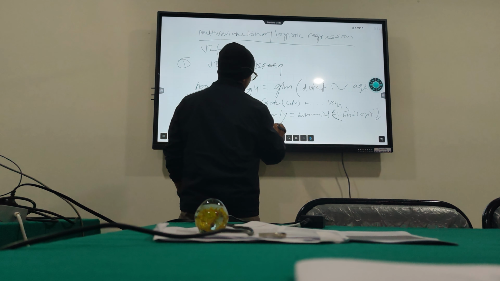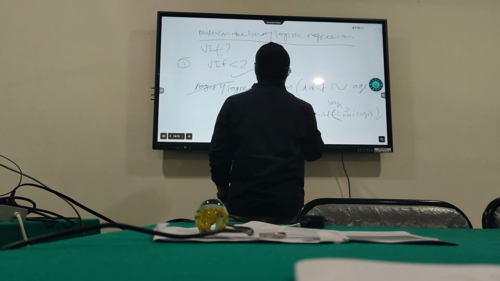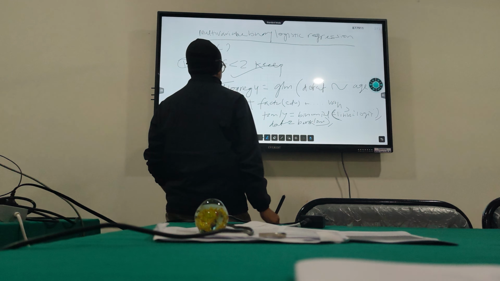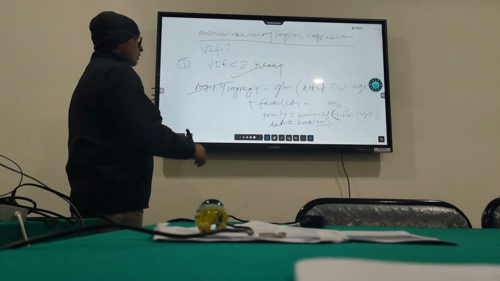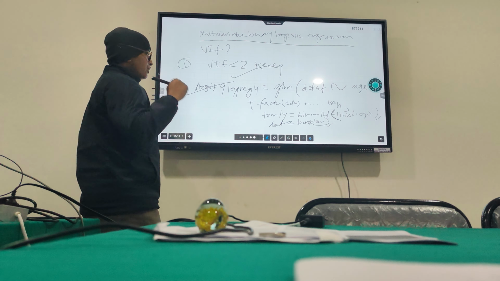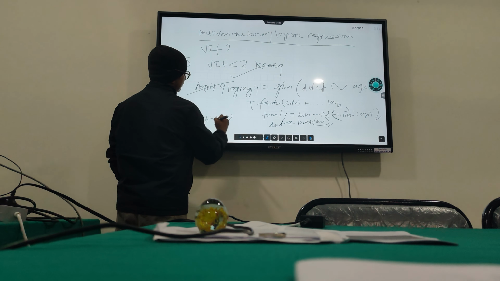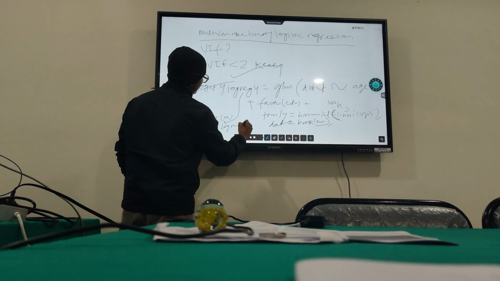Then data equals to what? Data equals to bank loan, right? So what we do? This will print all the things, but we need to check VIF, right? For that you call library car, then check VIF of this model, log reg 4.